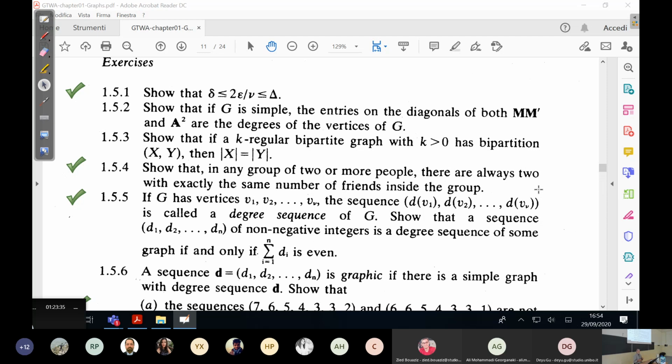So what happens? You have two or more people. What are the possible degrees? There is a little trick to be done before, and it is this.